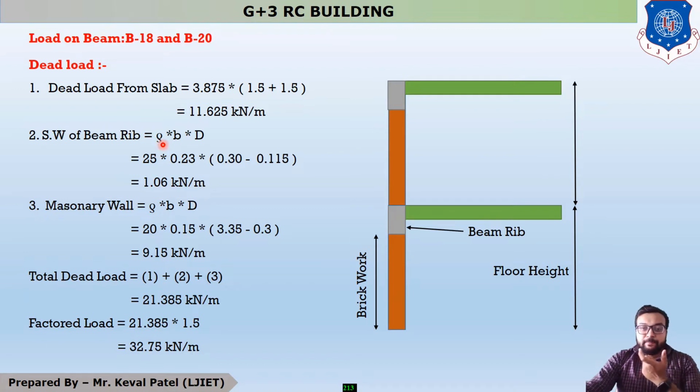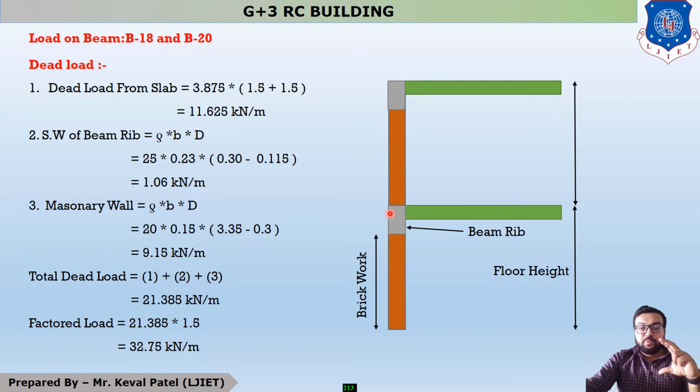B is equal to the width of beam, and in the last lecture we assumed that the size of beam is 230 mm, so it is 0.23, and capital D is the total depth. Here capital D is 0.3, the total depth, in which 0.115 is the thickness of slab, which is already calculated in the dead load from slab.